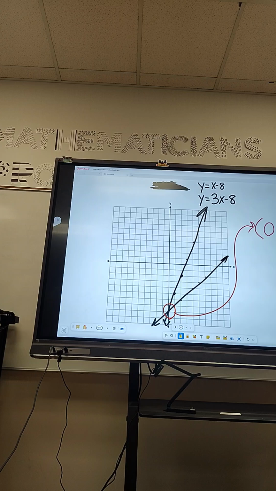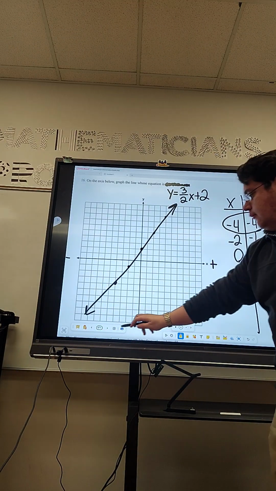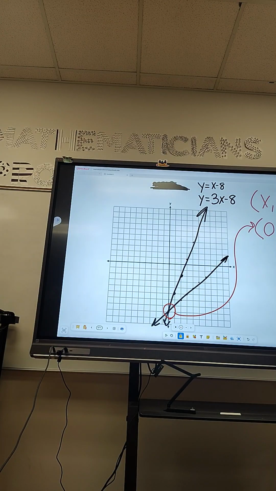Remember that every single point is in this form: X value, then Y value. It looks just like your table. X value, Y value. That's it. You just find where they touch.